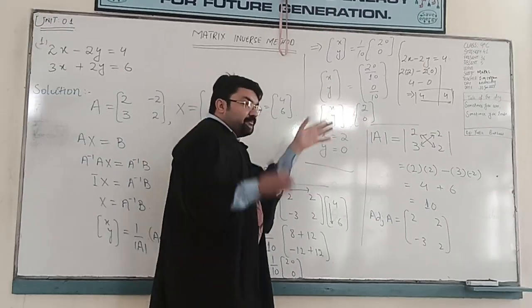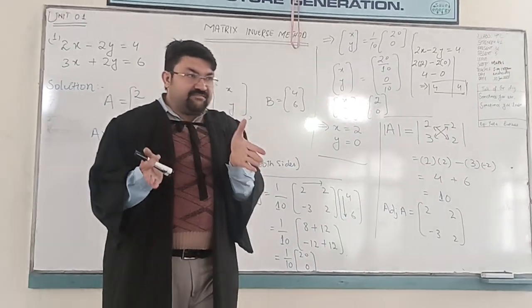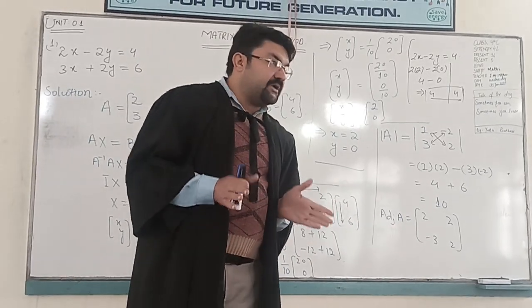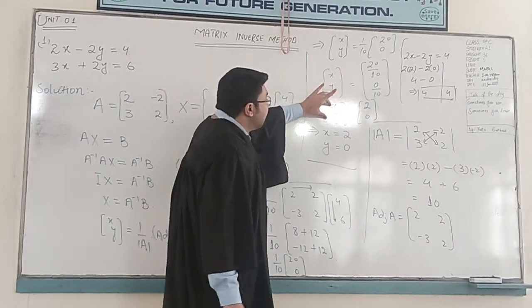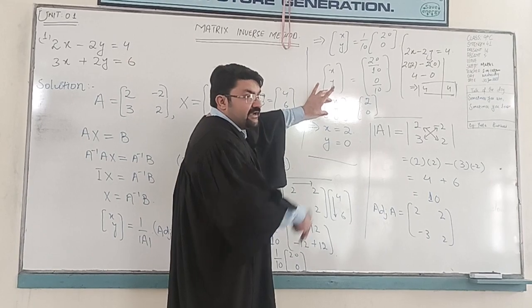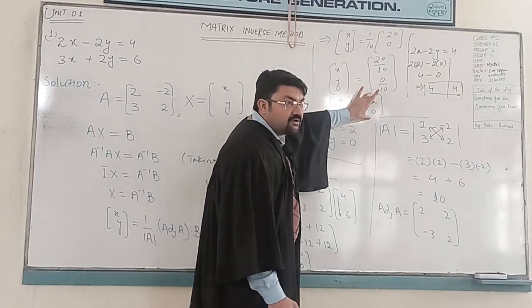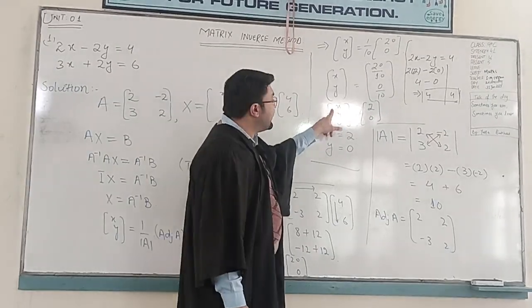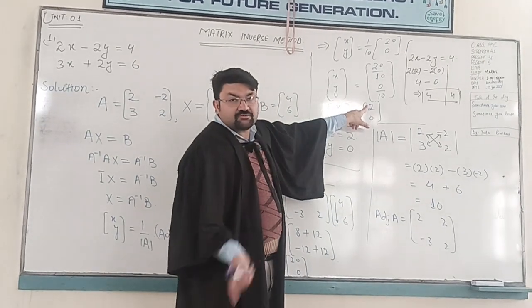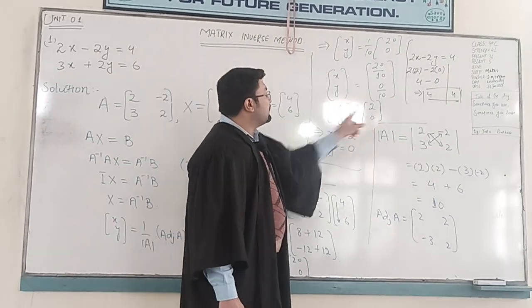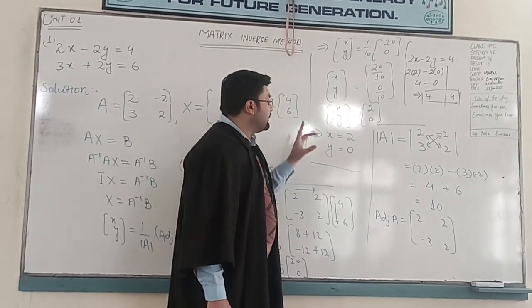Two matrices are equal if their corresponding entries are equal. This matrix is [x; y], a column matrix, and this one is also a column matrix. The first entry of this column is x and the first entry of the other is 2, so x is equal to 2 and y is equal to 0.